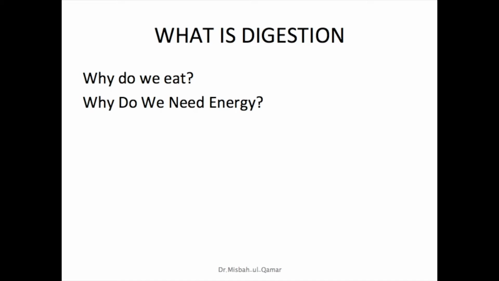Next, common sense question we have is why do we eat? Well, mainly to maintain homeostasis by continued replacement of nutrients.